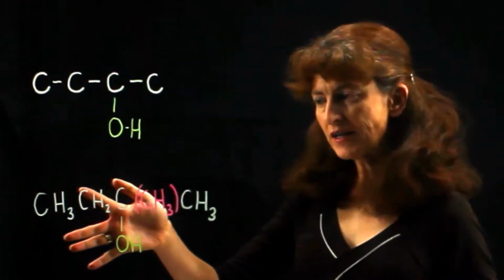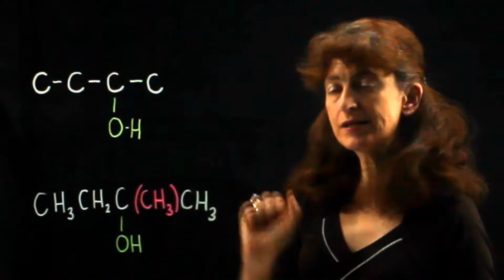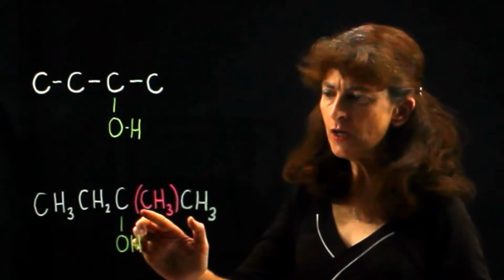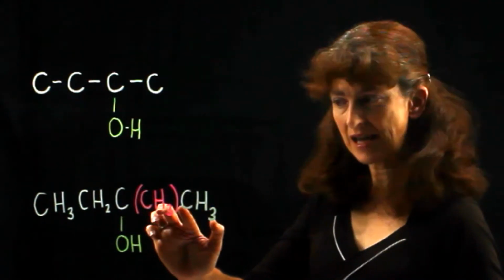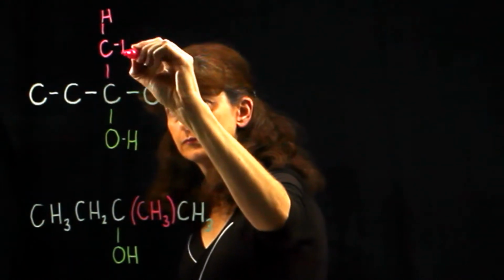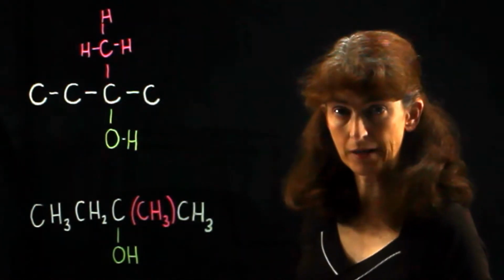We're given this condensed structural formula. Let's expand it. I've partially started to expand it over there. Let's continue in that expansion. First of all, this bracketed part is actually a branch. It's a methyl branch because there's only one carbon in the branch.